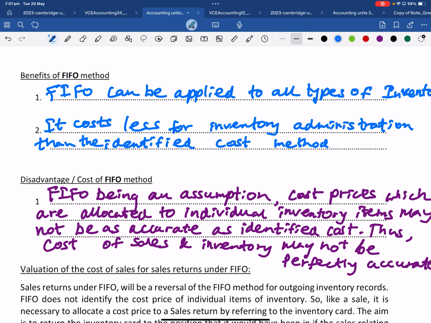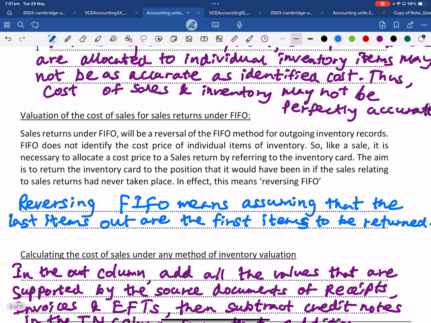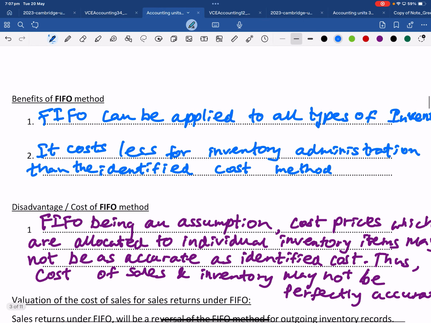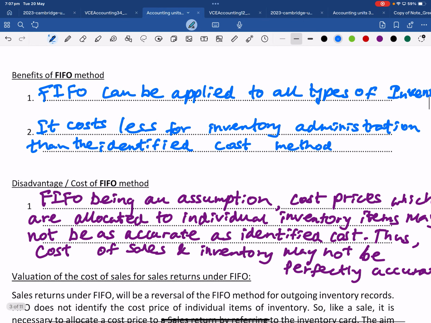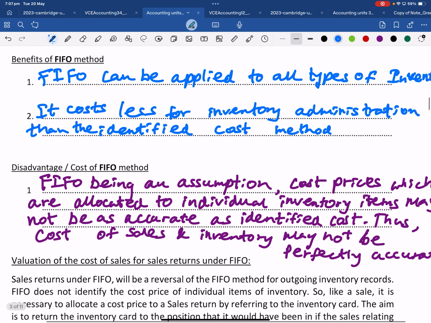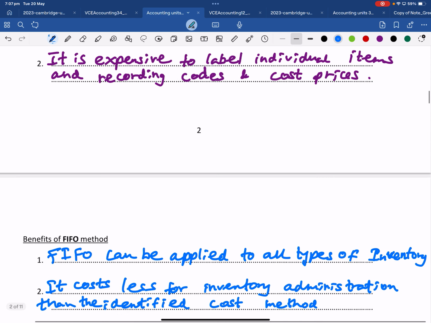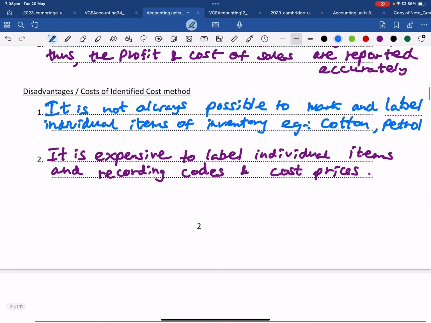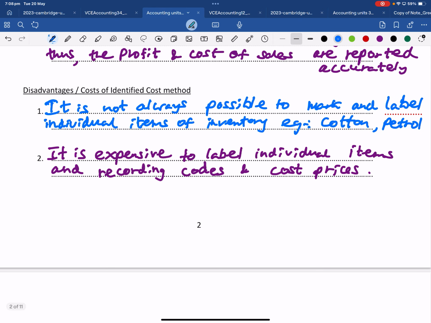Don't worry about the sales return part. I'm going to explain it later. Costs and benefits, you guys are okay. Basically, remember last time we did identified. So the disadvantages of the identified will become advantages.